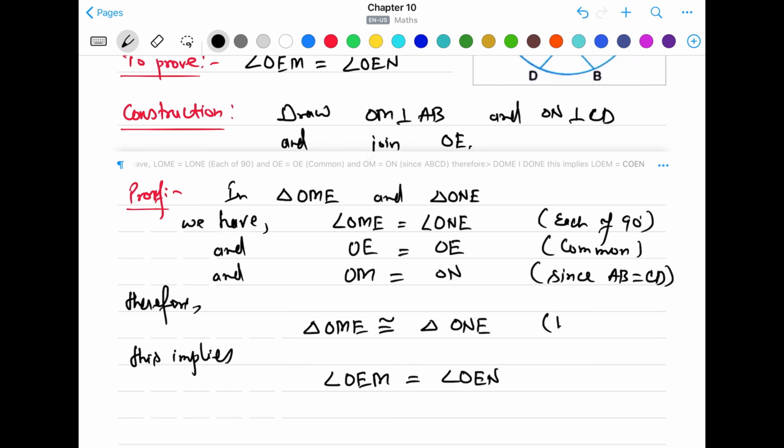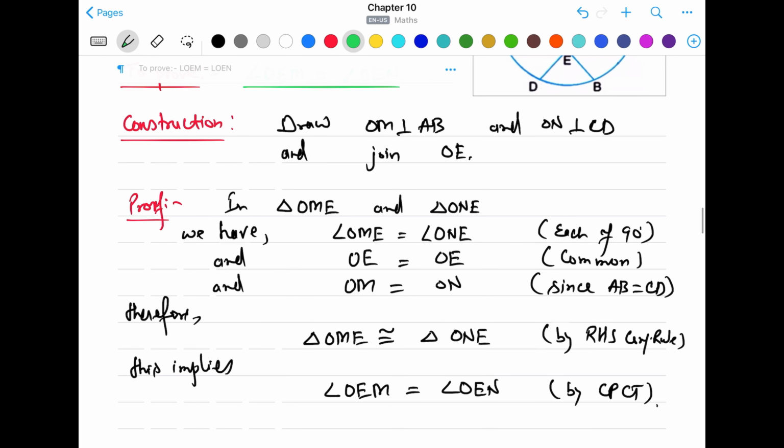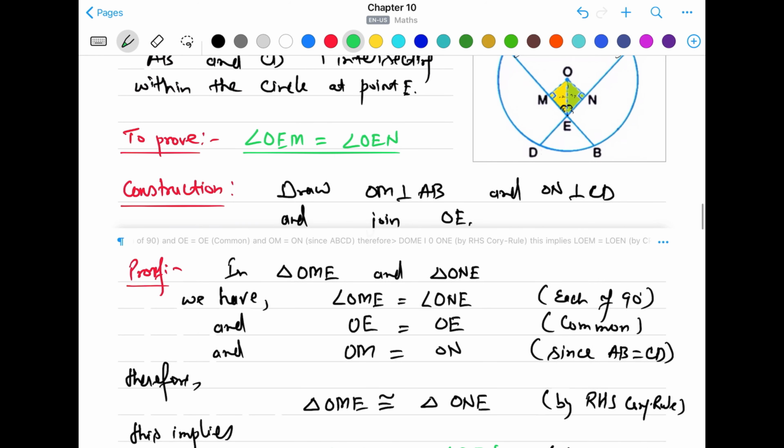This is by RHS congruence rule, and this is by CPCT. Okay, that is corresponding parts of congruent triangles are equal, and this is what we were asked to prove here, that these two angles are equal, and we have proved that these two angles are equal by CPCT. Okay, so that's the solution of question number 3.